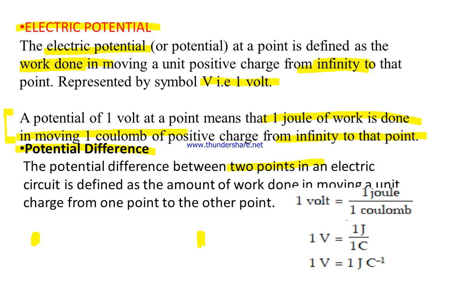If you want to move a unit charge, it requires only the work done between these 2 points. So potential difference is defined for 2 points, and it is the amount of work done in moving a unit charge from one point to another. And this is 1 volt that we have just explained, that is 1 joule per coulomb. Joule is the unit of work done and coulomb is for the charge, so 1 volt has a unit of joule per coulomb.